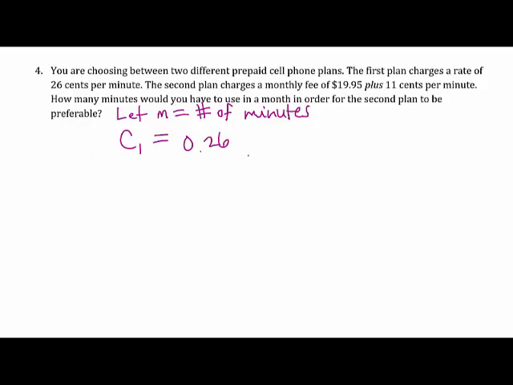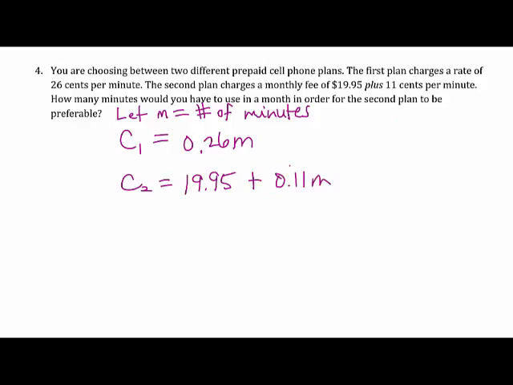We could use 26, but I think it would be easier to think about the cost of our plan in terms of dollars, so I'm just going to convert it to dollars. So 0.26M. Then the cost of the second plan is $19.95 plus 11 cents per minute, so 0.11M.